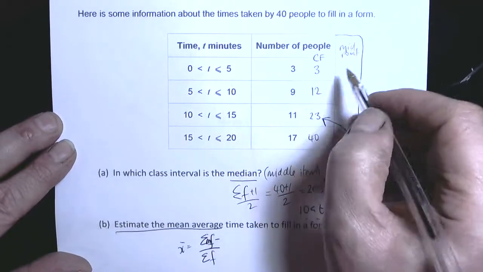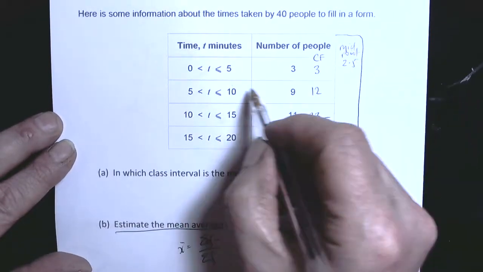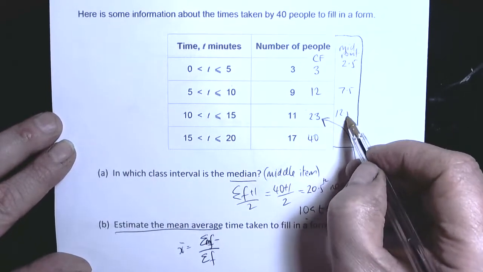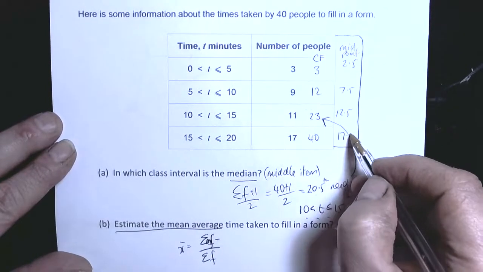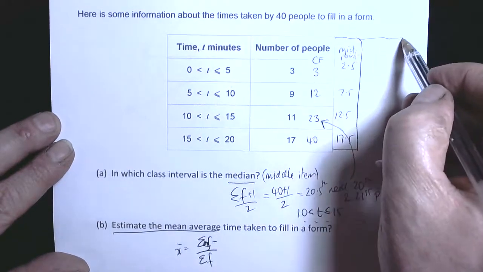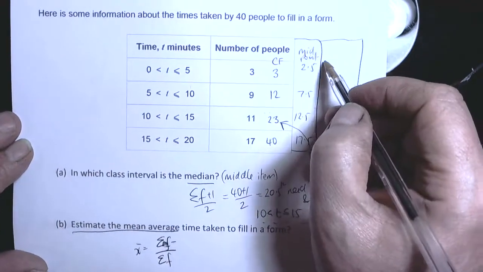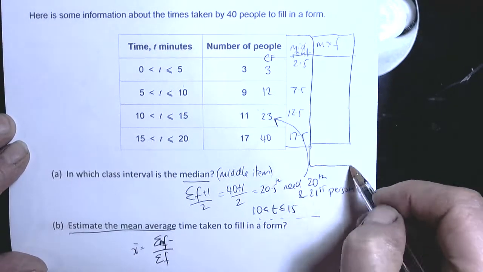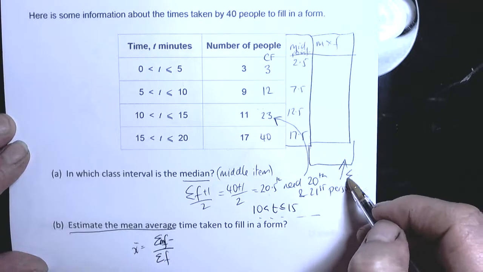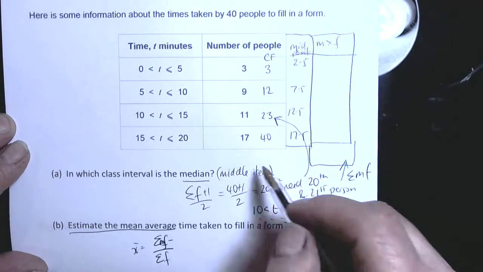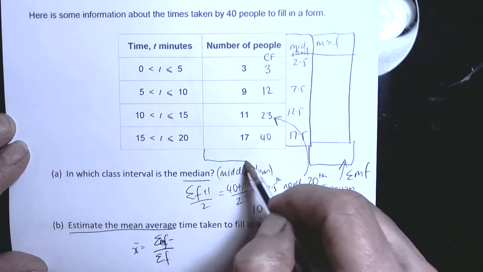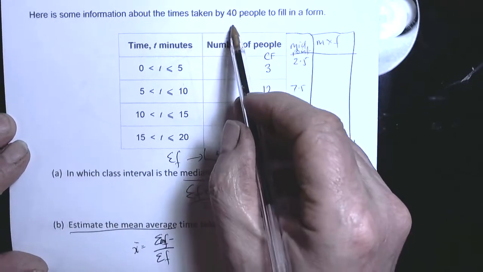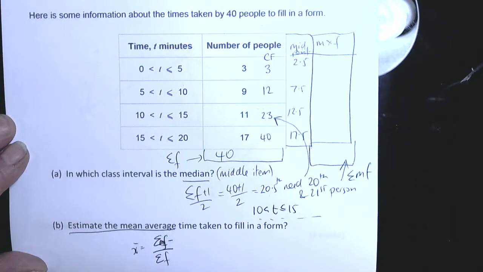And it's the midpoint of the interval, so for this particular interval it will be 2.5, for this one 7.5, for this one 12.5, and for this one 17.5. And then we add on to the end here the midpoint times frequency column, and basically what we'll get down here is the sum of the midpoints times the frequencies, and here we'll have the sum of the frequencies, which we already know is 40 because the question is about 40 people filling a form in.